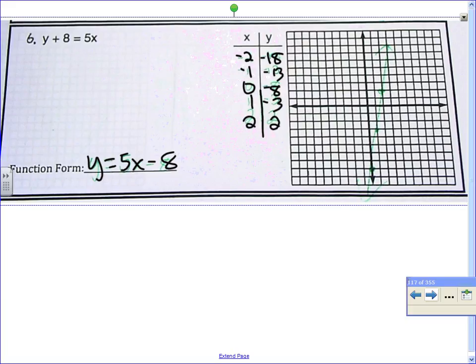Matt. Since it's set on this function form, probably not. But anytime you're writing an equation in slope-intercept form or function form, you should put y equals. So for this one, it's okay. All right, Charles, number 7.